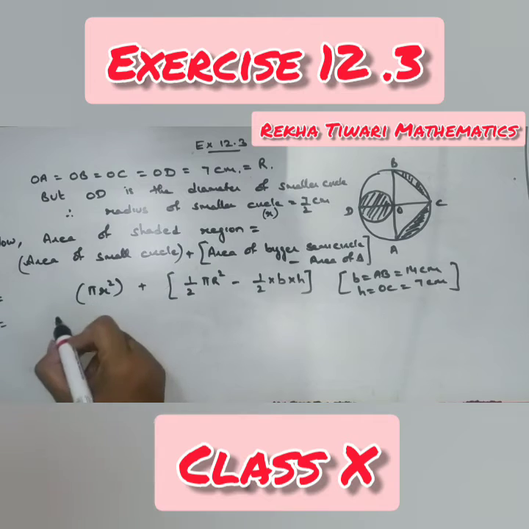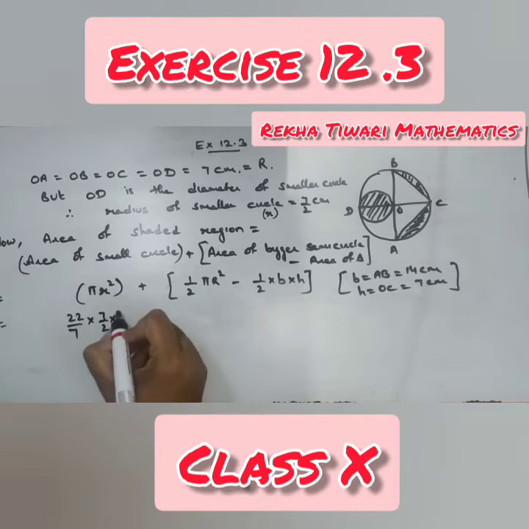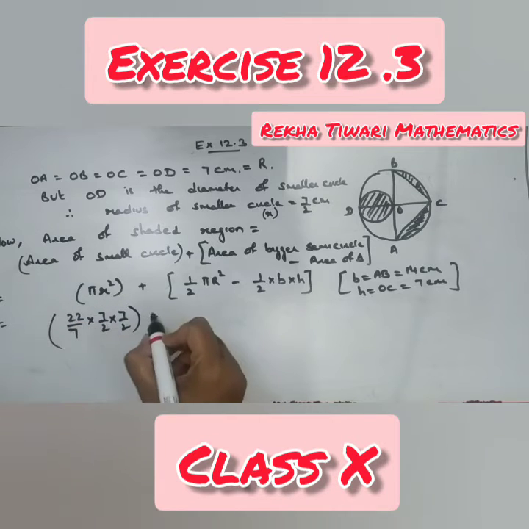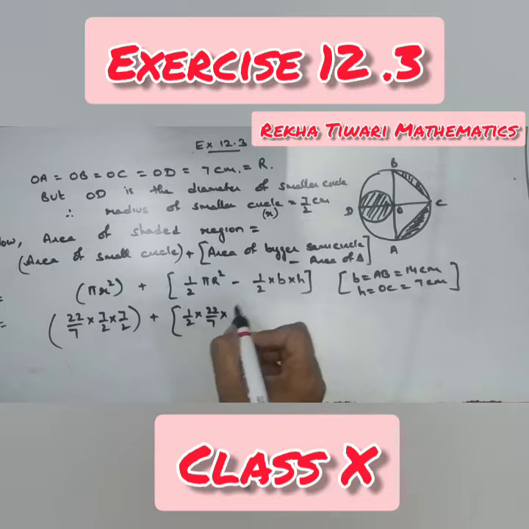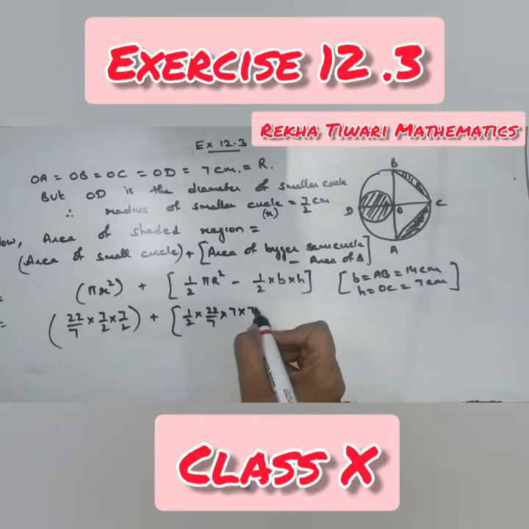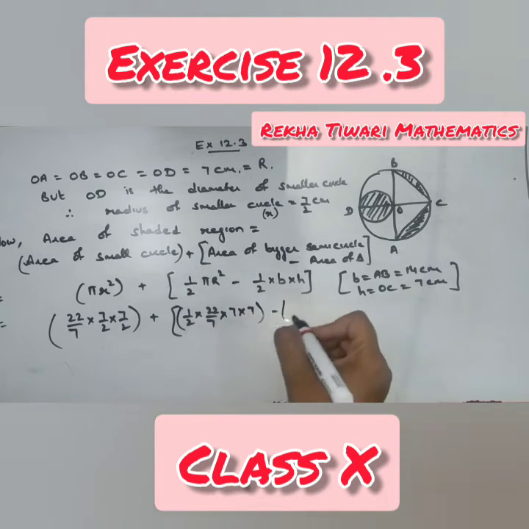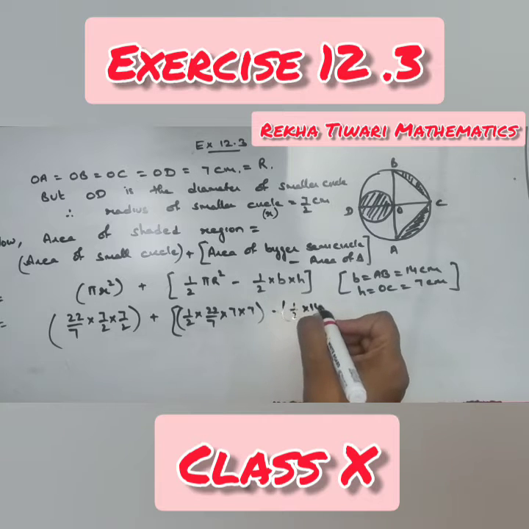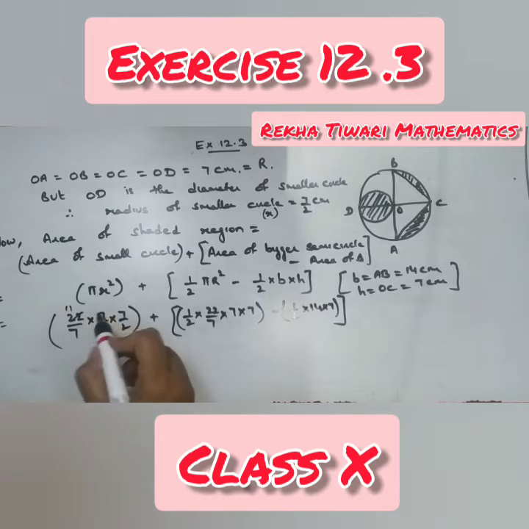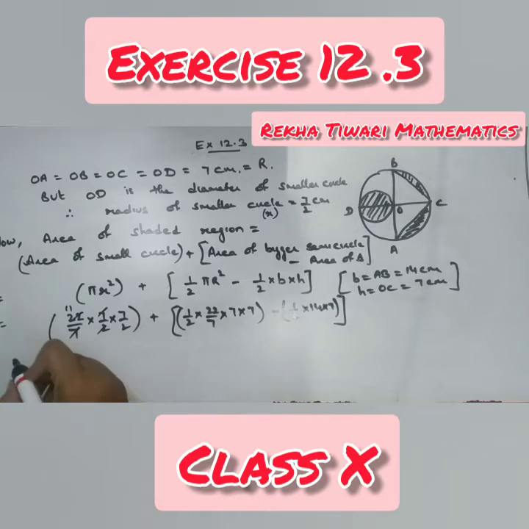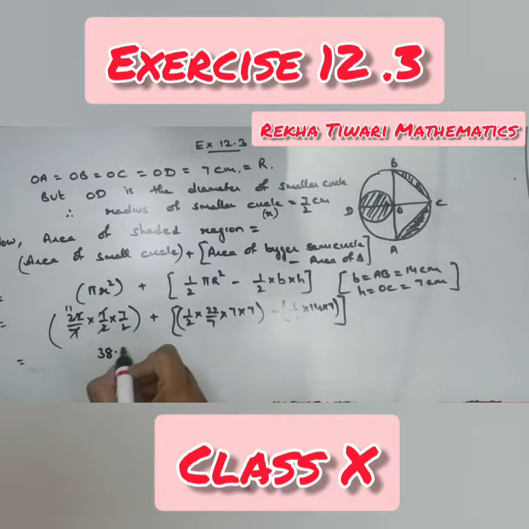So put down the values. This comes out to be 22 by 7 into 7 by 2 into 7 by 2 plus half into 22 by 7 into capital R, that is 7 into 7, minus half into 14 into 7. Cancel this, you will get your answer. This is 38.5, 77 by 2 is 38.5.